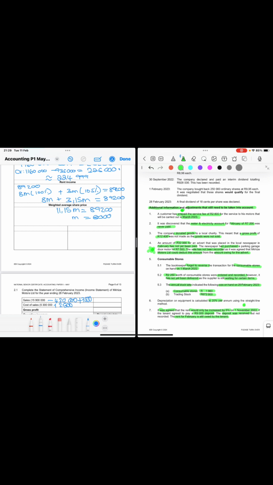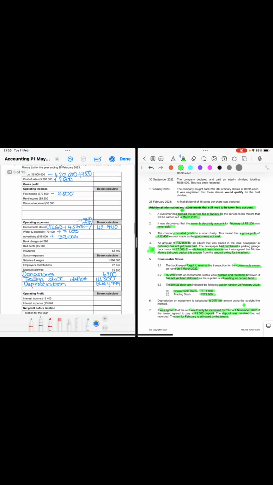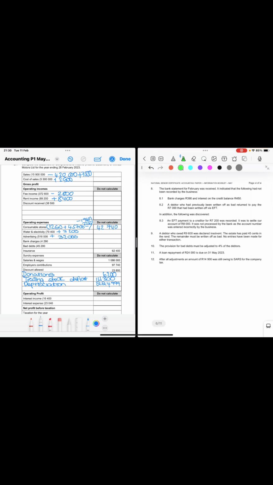So this would have been the rent before the increase. After the increase, 8,000 times 1,05 is 8,400. So the missing rent from February is 8,400. We add that. Okay, let's continue.